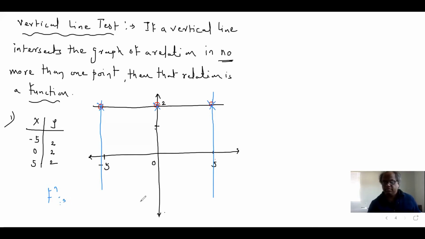Now, continuation of this, if I give you a set of problems like this.